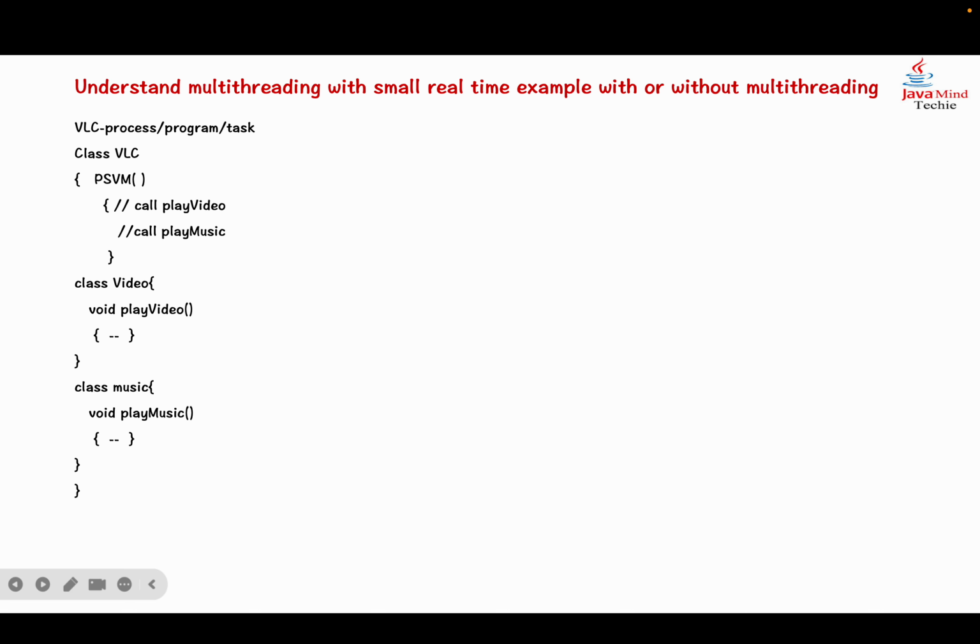In Java we know very well that if you're performing two tasks, one is play video and the other is play music, then if I first call the play video method, it will start first. Once play video completes, then play music will start. Yes or no?